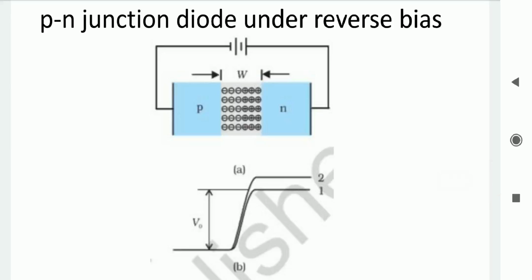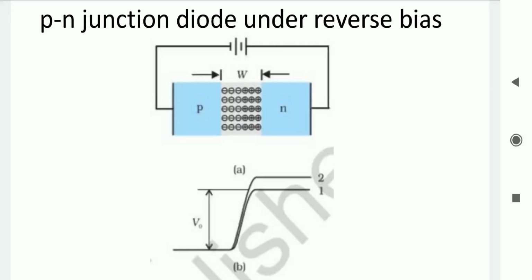So while we increase the supply voltage, the barrier potential also increases, which makes the depletion region more widened due to the variation in electric field. So now the barrier potential in the reverse bias is V0 plus V. V0 is the barrier potential, that is the built-in voltage, and V is the externally given voltage.